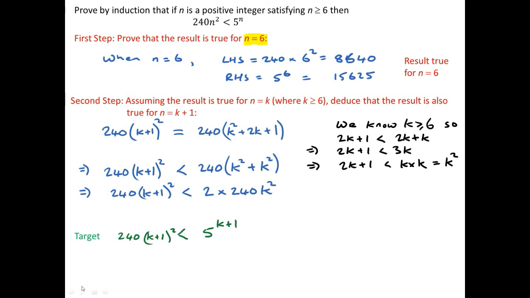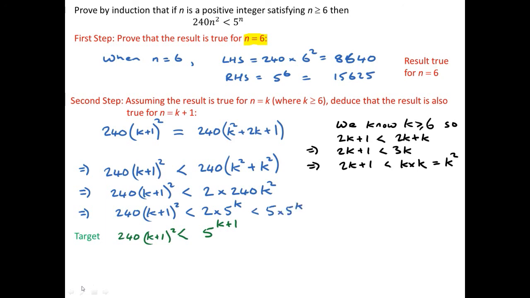We're assuming the result we're working towards is true for n equals k. So 240k squared is less than 5 to the power k, which enables me to write that 240 times (k plus 1) squared is less than 2 lots of 5 to the k.